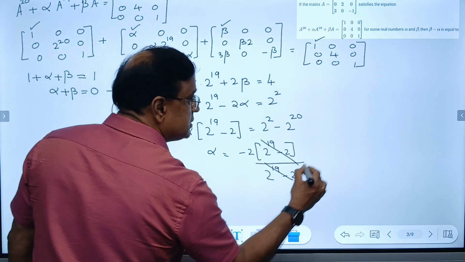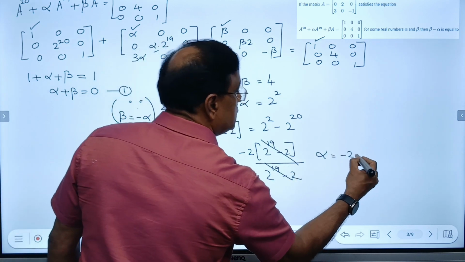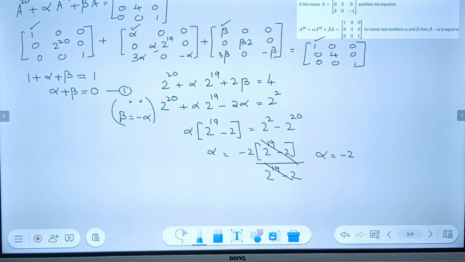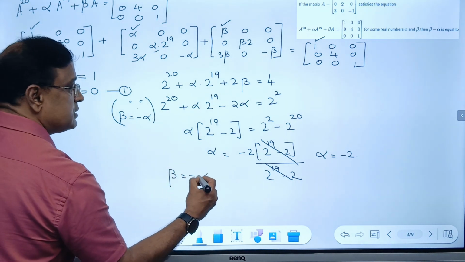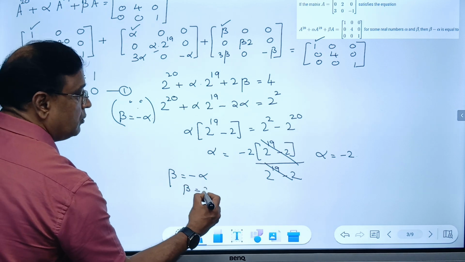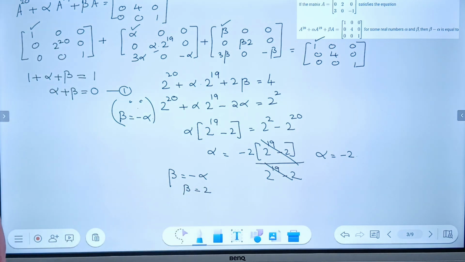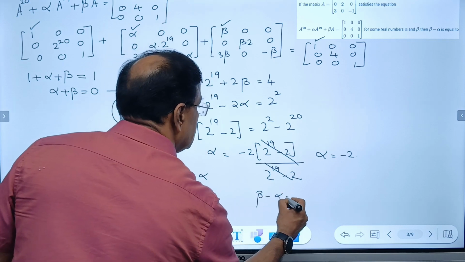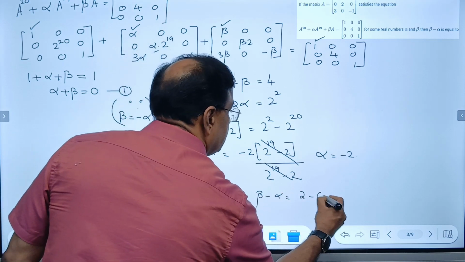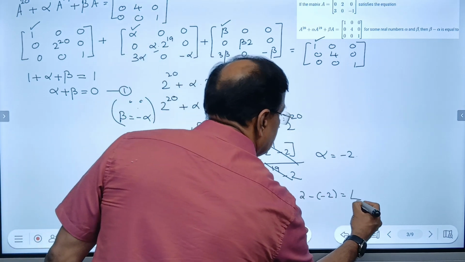They get cancelled, so alpha equals minus 2. Once you get alpha as minus 2, what will be my beta? Beta is minus alpha, therefore beta will be 2. So once you get the values of alpha and beta, what is beta minus alpha? Beta is 2, alpha is minus 2, so the answer is 4.